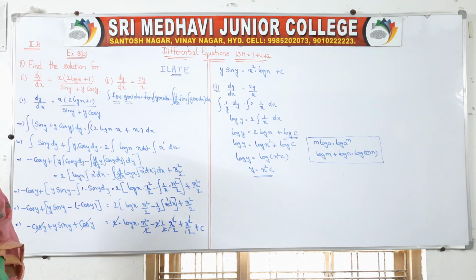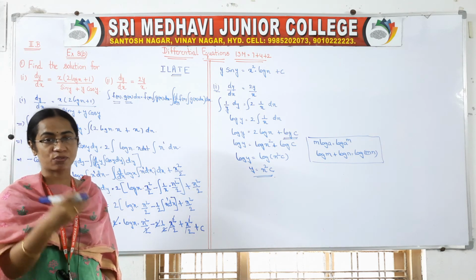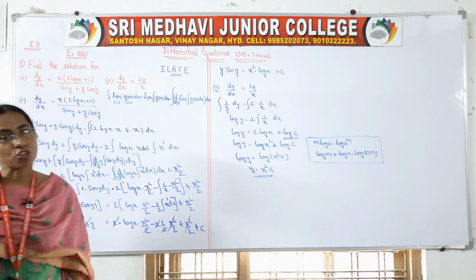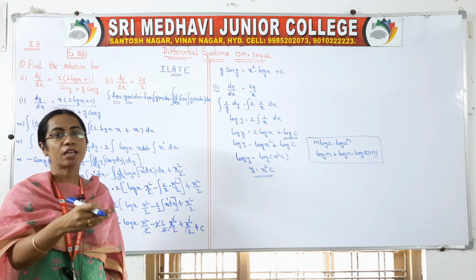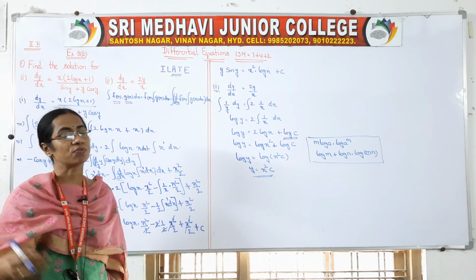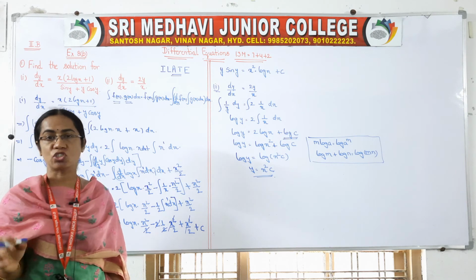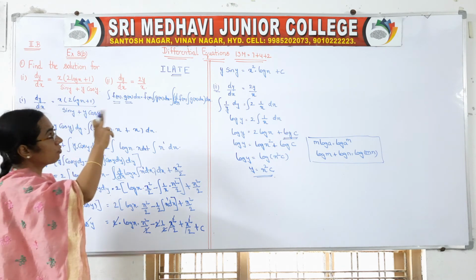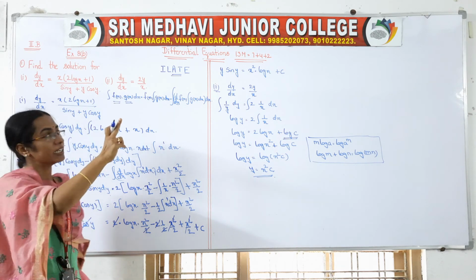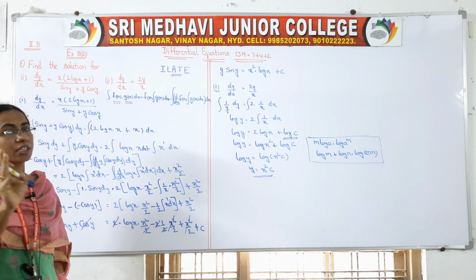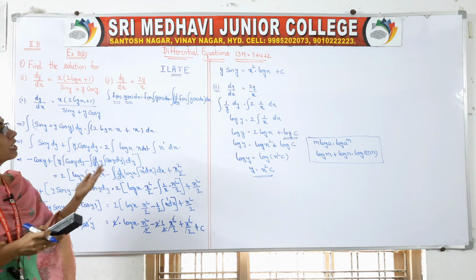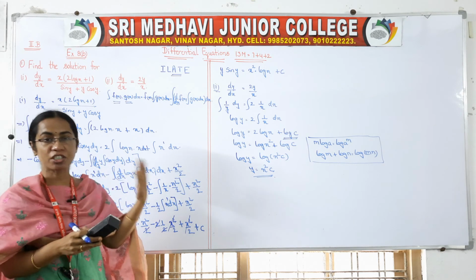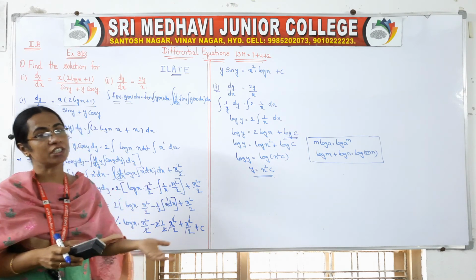Then which function should be taken as first function, which function should be taken as second function. That means which value has to be taken as f of x, which value has to be taken as g of x, we have to follow the rule ILATE, right? So if 2 terms are there, we have to check whether they belong to inverse function, logarithmic function, algebraic function, trigonometric function, or exponential function.